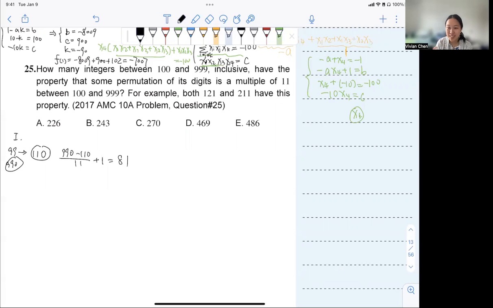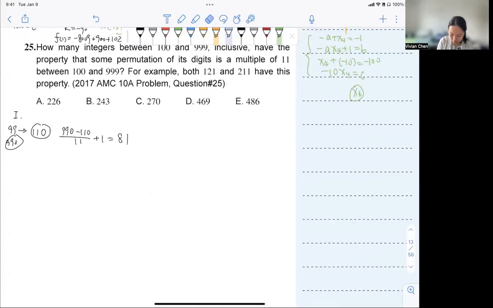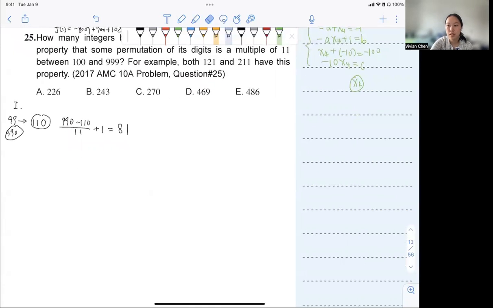I mean, it's not that much. If you write them in a square, it's not that much. So you can just write them all out and see how many permutations they have. And that is actually quite a safe choice if you have enough time and really want to crack this problem. So yeah, I'll start here.